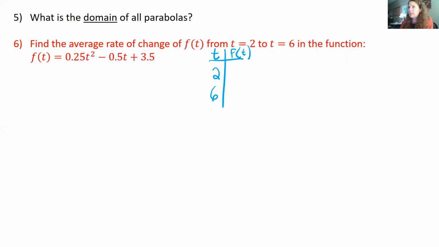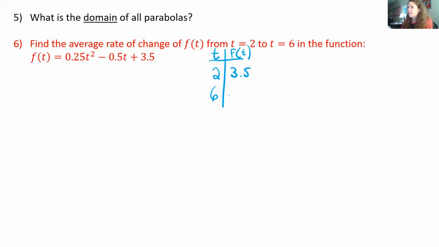Oh my goodness, I messed the whole thing up, you guys. 0.25 times 2 squared minus 0.5 times 2 plus 3.5, and that is 3.5.